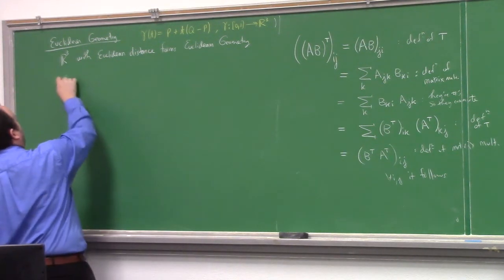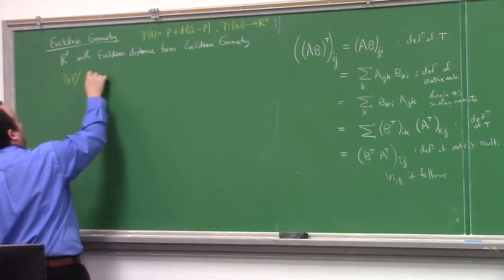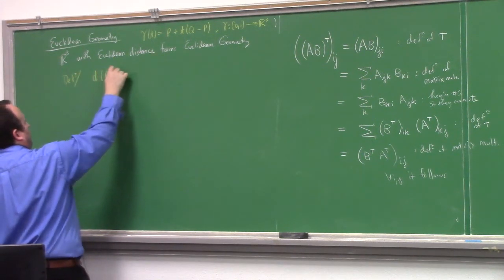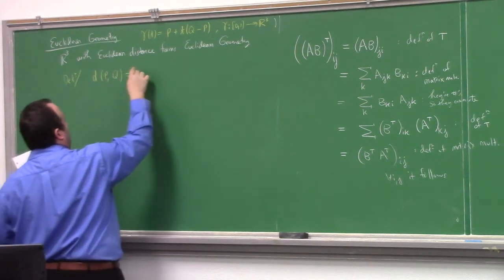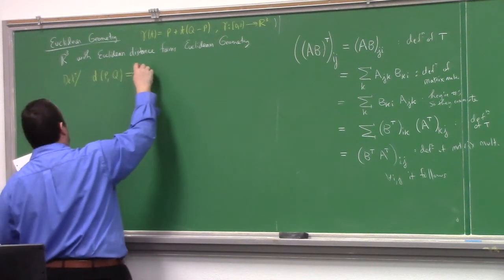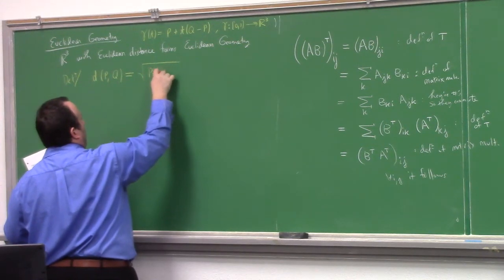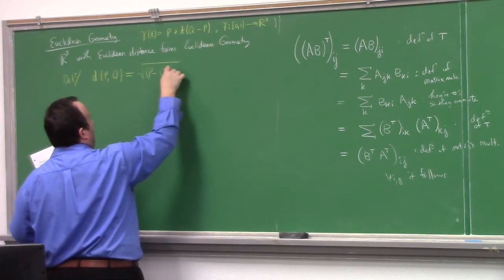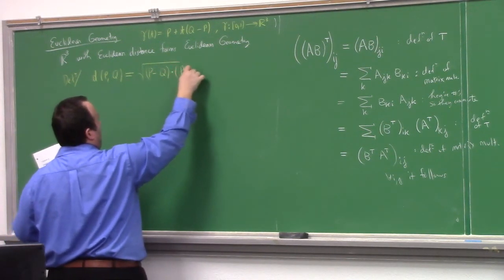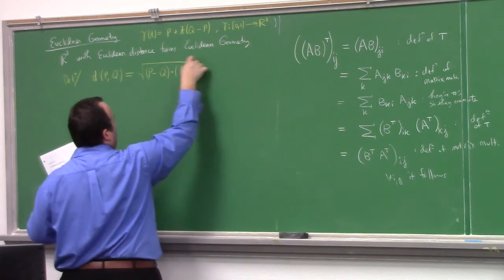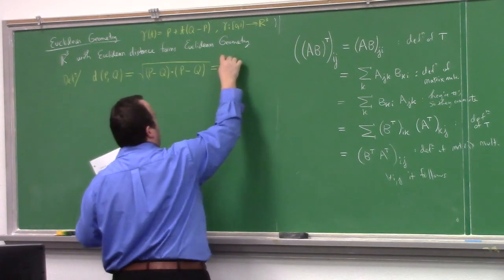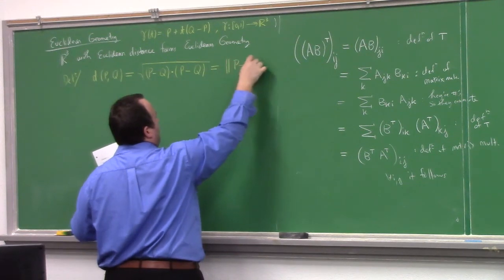So, definition, the distance from the point P to the point Q is equal to what? The square root of P minus Q dot P minus Q, right? Or you could also call that the length of the P minus Q vector, right?